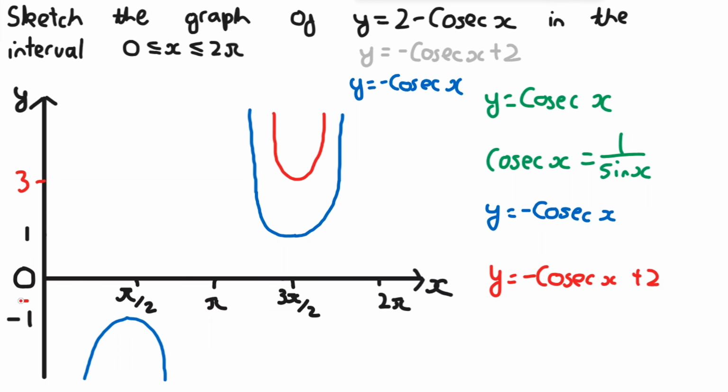And then this, which was at minus 1, is now going to be minus 1 plus 2, which is equal to 1. So this now is going to be here. So this is going to start from here and it's going to come down again like this here, and it's going to come down like this here. And then this is the graph of y is equal to minus cosec x plus 2.